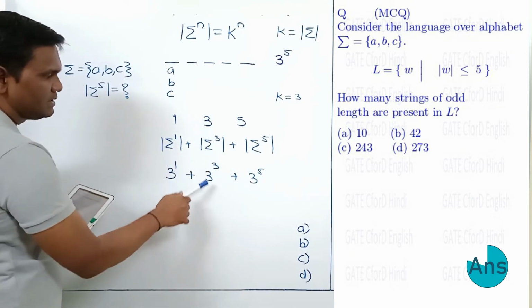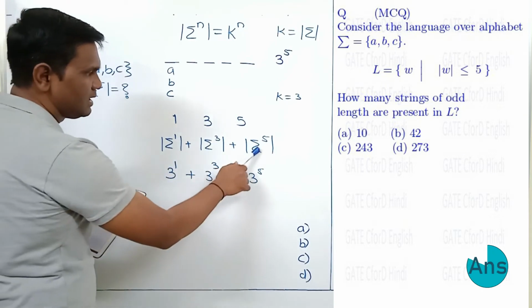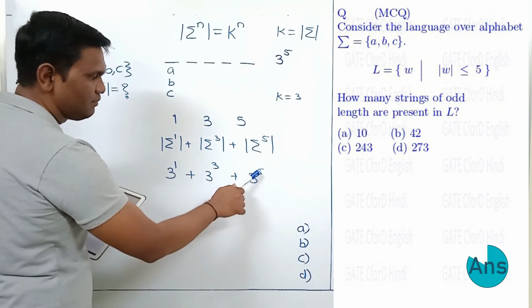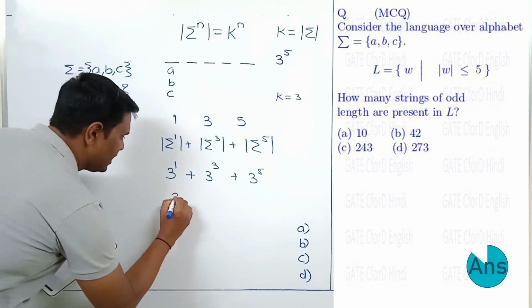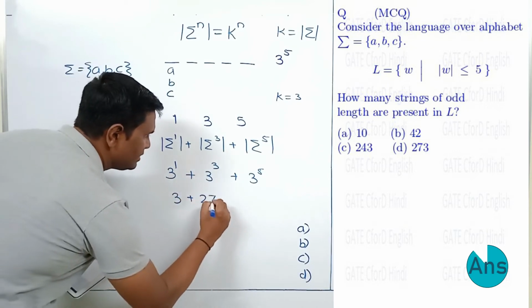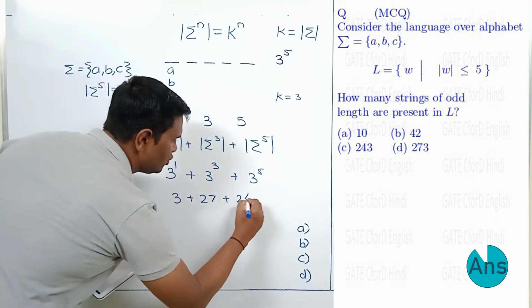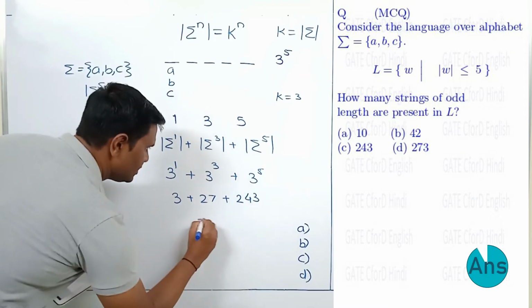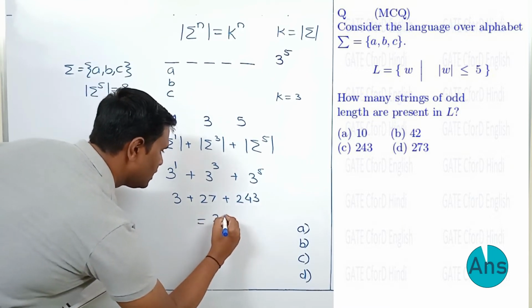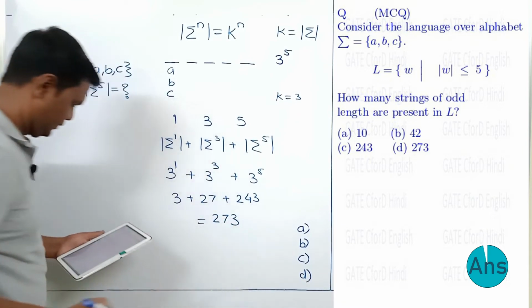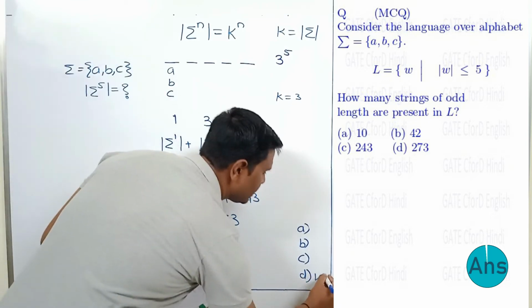Sigma power 3 contains 3 power 3 strings. Sigma power 5 contains 3 power 5, these many number of strings. So this is 3 plus 27 plus 243. So this is 273. So option D is correct option.